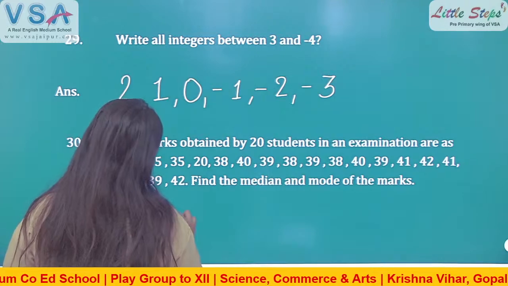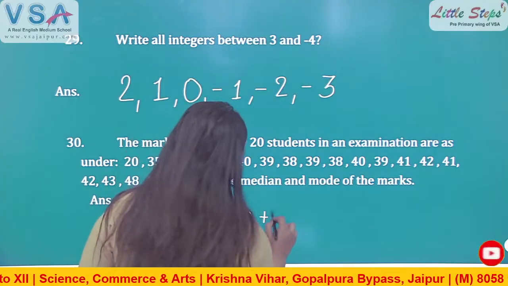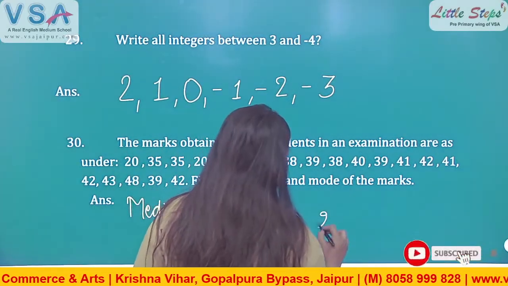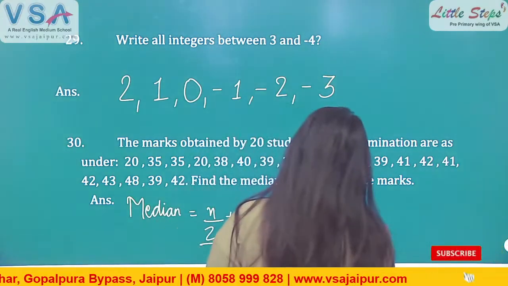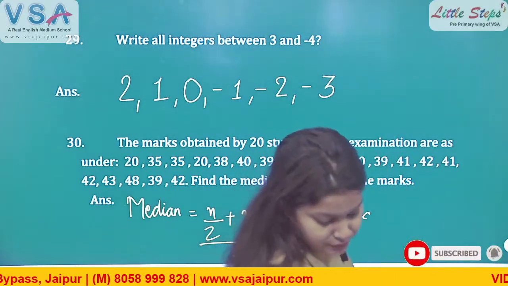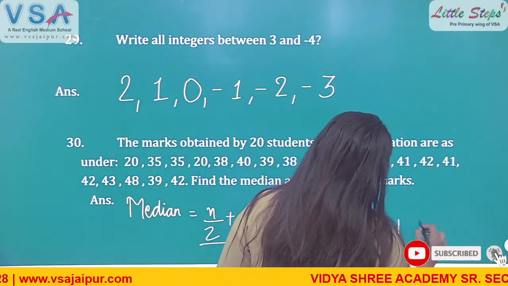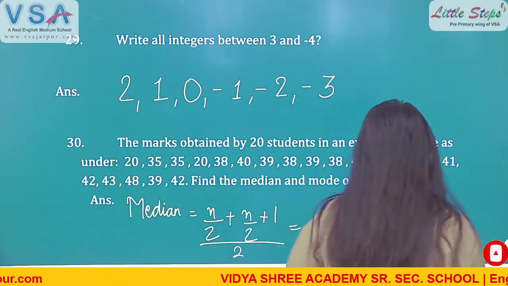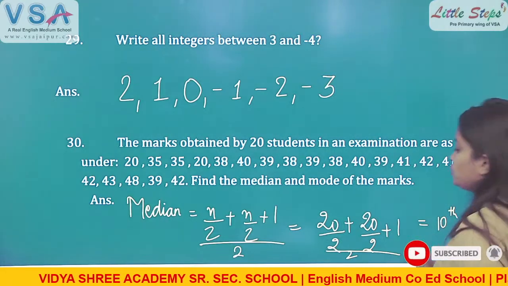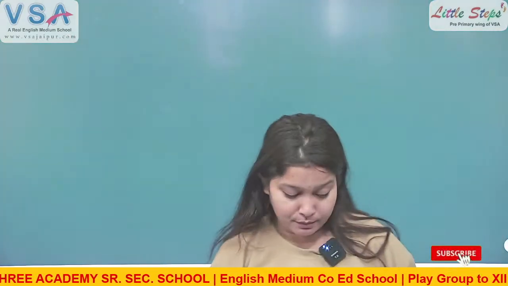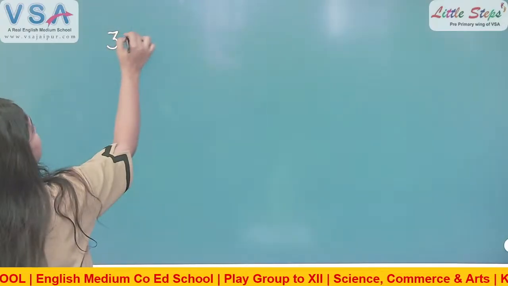The formula of median is n by 2 plus n by 2 plus 1, upon 2, and we have a total of 20 numbers. So 20 by 2, then again 20 by 2 plus 1, divided by 2, which gives the 10th and 11th terms. When we arrange them in ascending order, the 10th and 11th numbers are 39 and 39 itself.